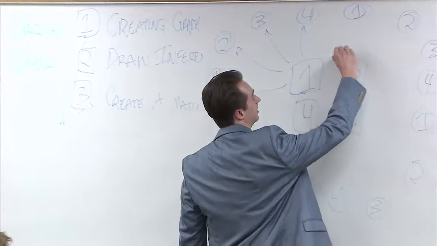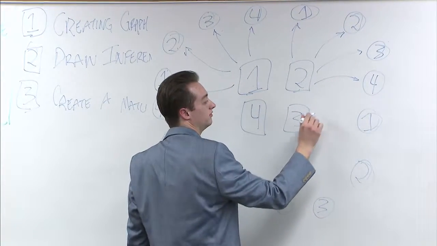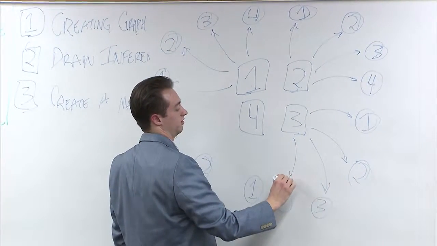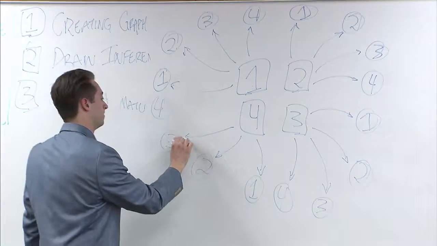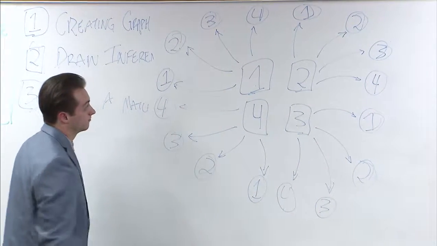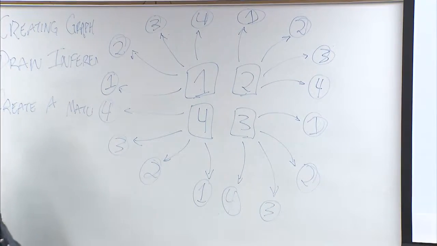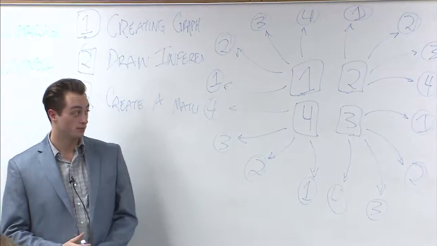So we're going to do the same thing for man number 2 to all of the women, man number 3, and man number 4. So now we have every single possible match any man can have to any woman represented.